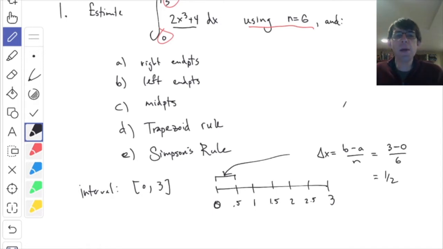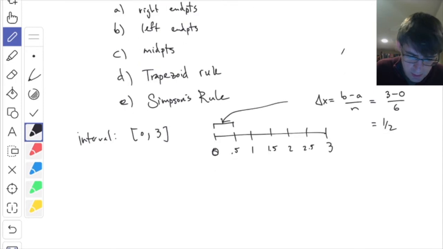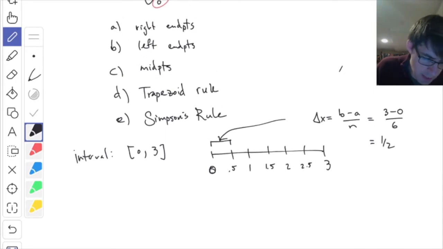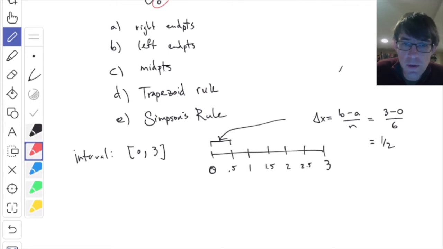Okay, anyway, for part A, I'm going to use the right endpoints. That means in part A, of all of these little markings on the interval there, I'm only considering the ones on the right of each little sub-interval, right? We divide it into a lot of bitty bits, and for part A, I'm considering only the endpoints on the right.